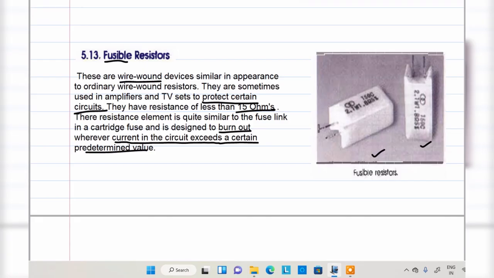Whenever you design a circuit for 10 amperes and current flows more than 10 amperes, this resistor is going to cut off, at 15 or 20 amperes, more than the predefined value. Then it is used as a fuse. That's why it is a fusible resistor. Okay, this is what relates to the fusible resistor.